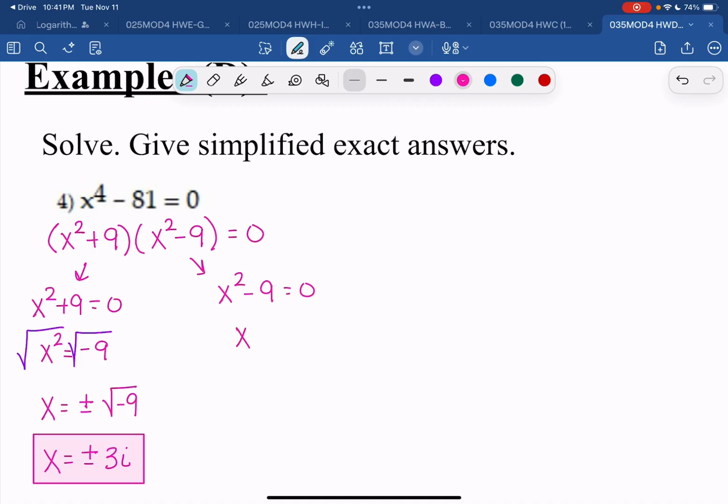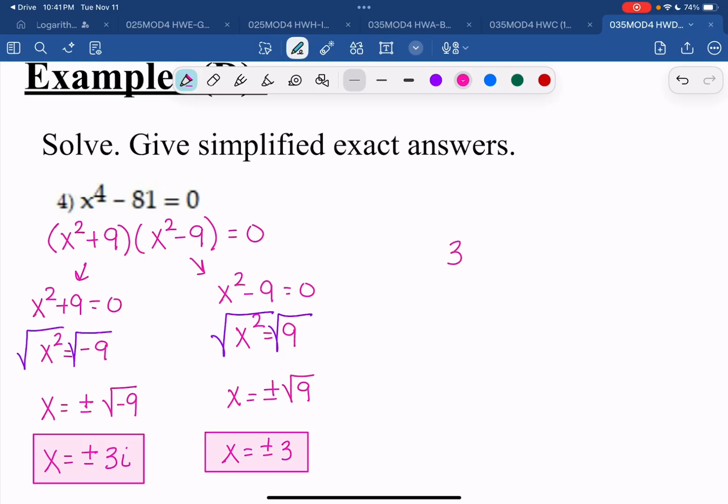I would add the 9, take the square root, and so x equals plus or minus the square root of 9, which is plus or minus 3. So I really have 4 answers here: x equals 3, negative 3, 3i, and negative 3i.